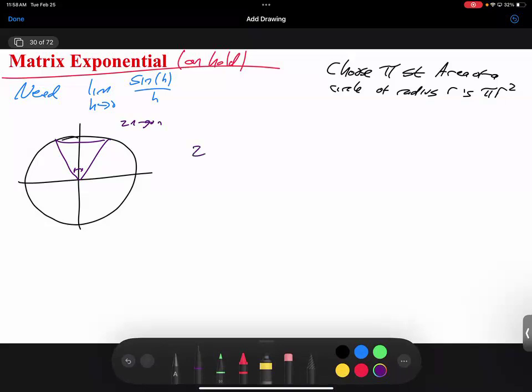So 2n times the area of triangle Tn, what does that converge to? Pi r squared. And so it'll just be pi because we'll choose radius 1. What's the area of triangle Tn? We have to choose, of course, what the angle is. So this is going to be theta 2n over 2.